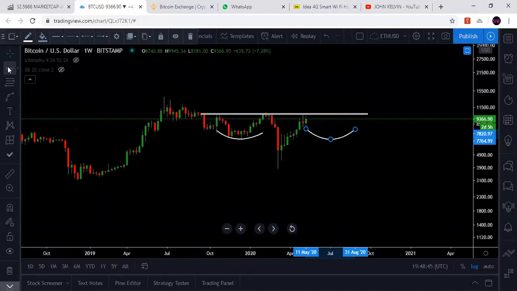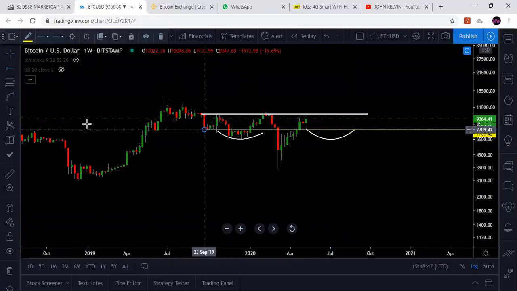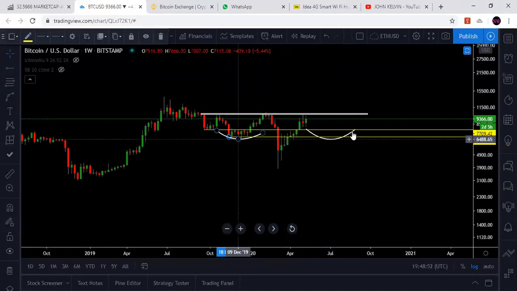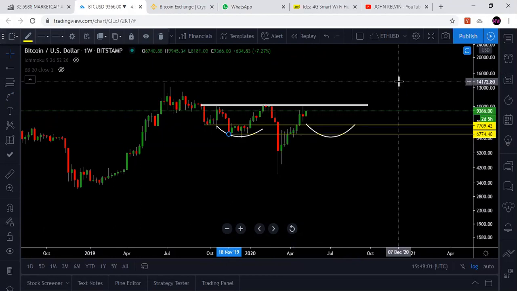So it doesn't mean it should get to this level. Price could just get to this level and reverse, but you never can tell what will happen. But take note of that.